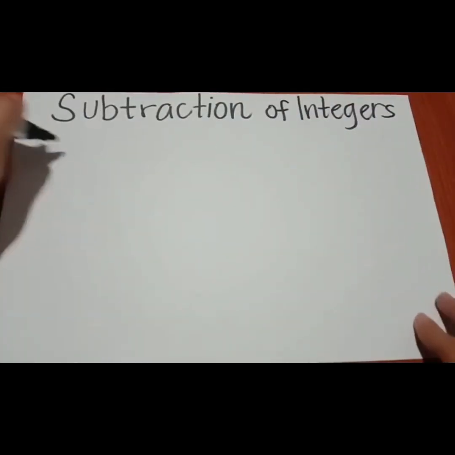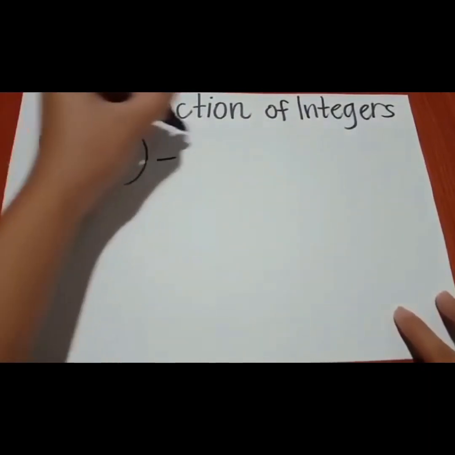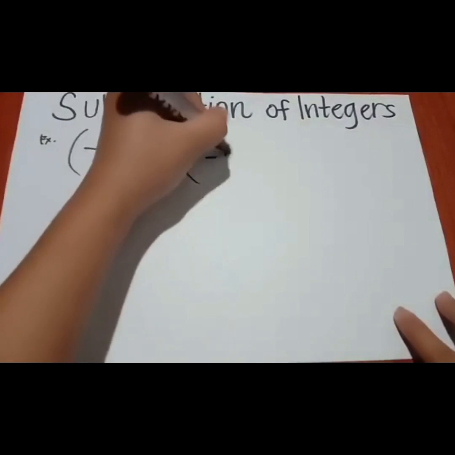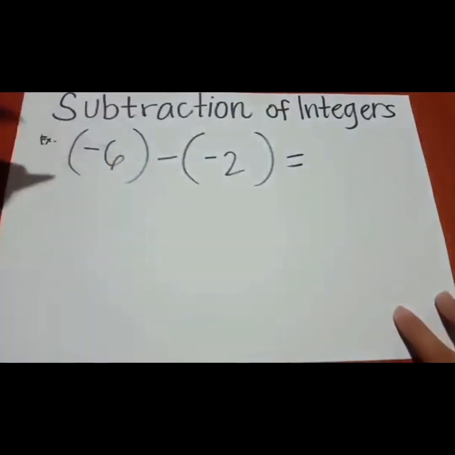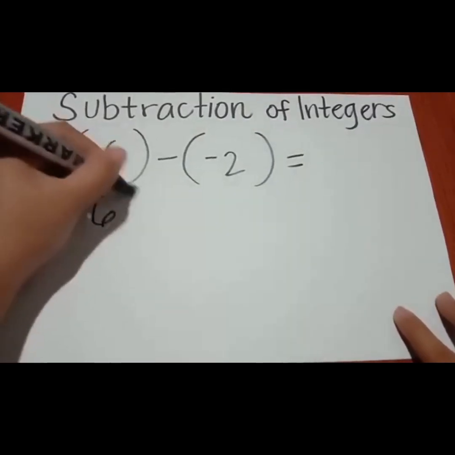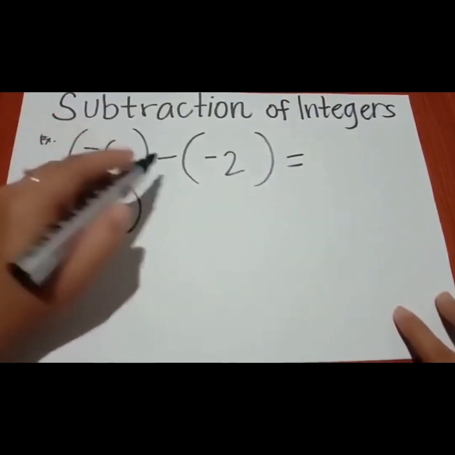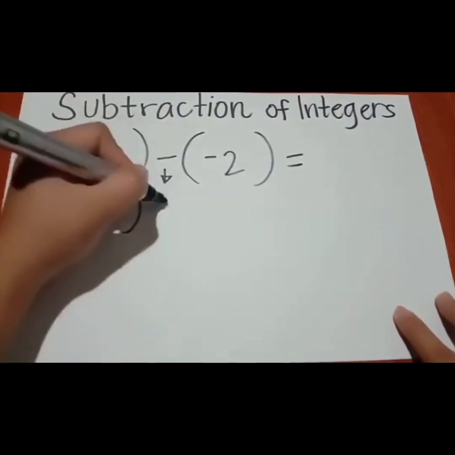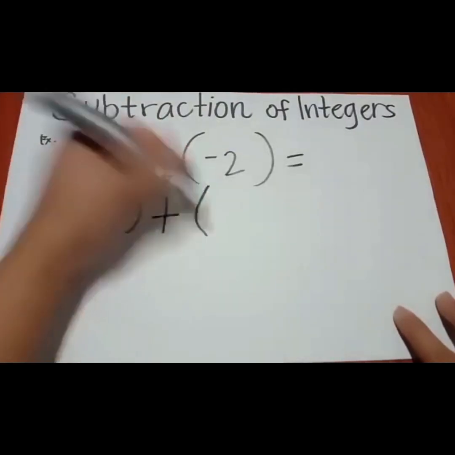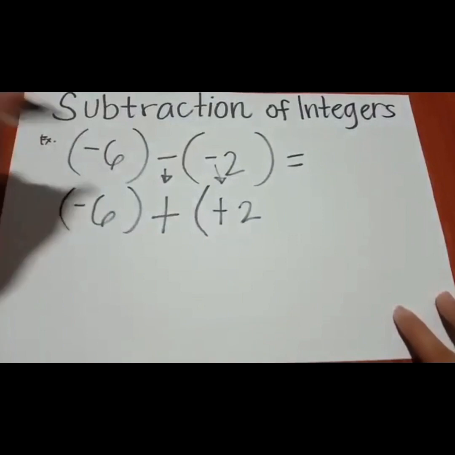Subtraction of integers. Example: negative 6 minus negative 2. Copy the negative 6, and the minus becomes plus, and copy the negative 2, and the negative of 2 becomes plus.